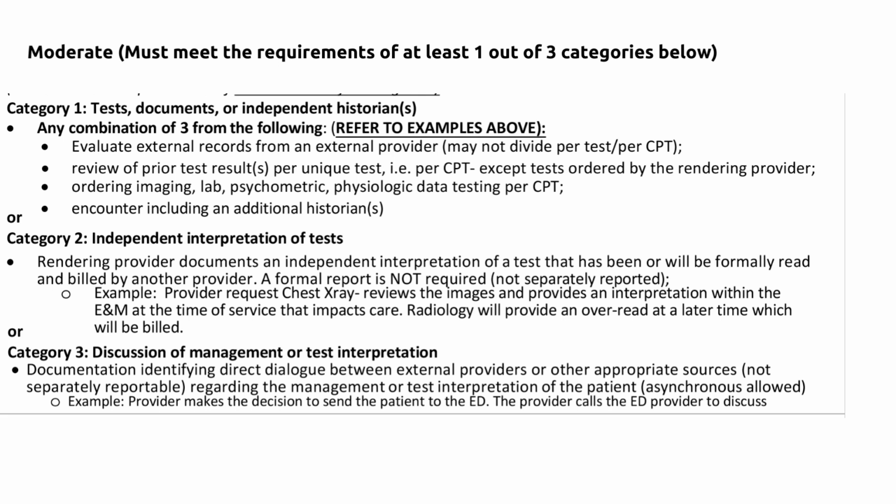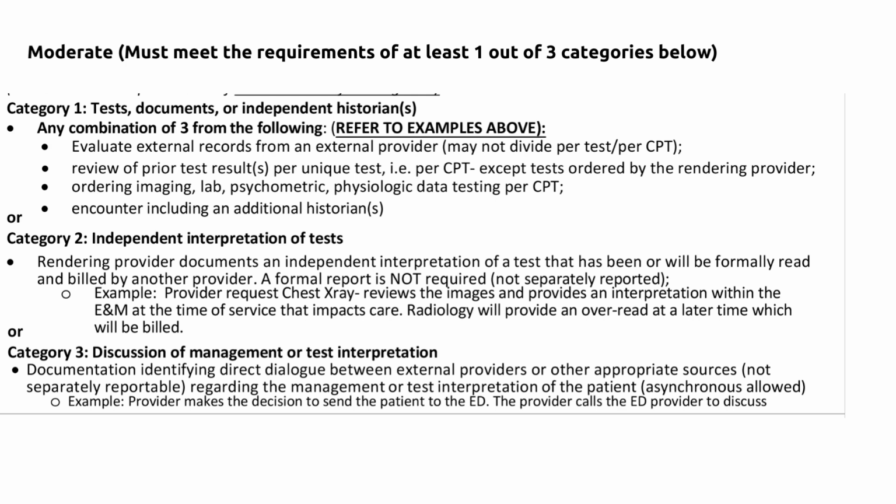Moderate level must meet the requirement of at least one out of three categories below. The category 1 test, document or independent historian consists of any combination of three from the following. Evaluate external record from an external provider, may not be divided per test per CPT.